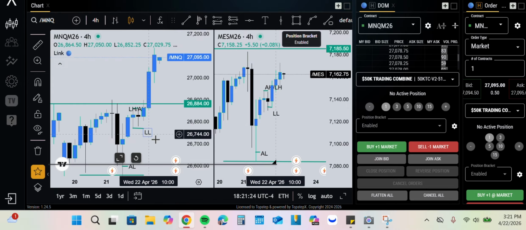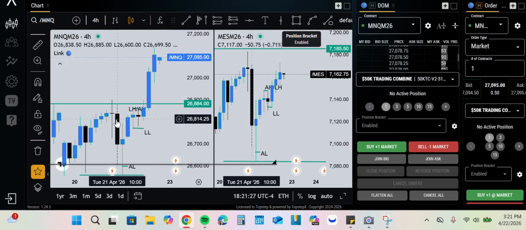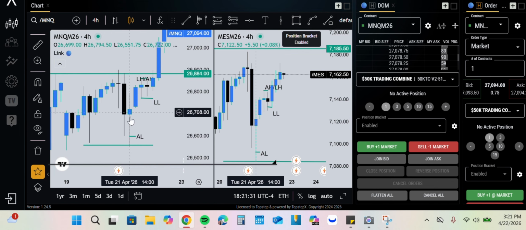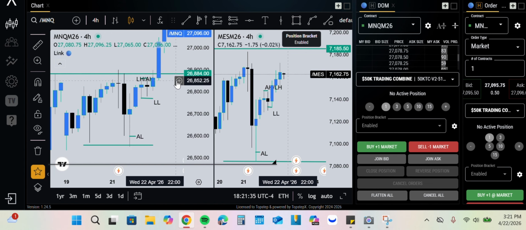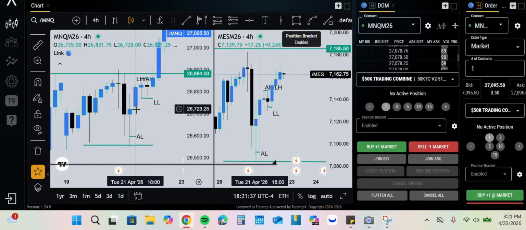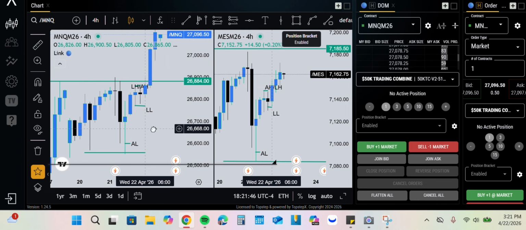But then what happened between these two New York sessions? We had a massive Doji candle right here signaling a reversal for the new New York open for today on the 22nd. So our bias based on this is bullish.